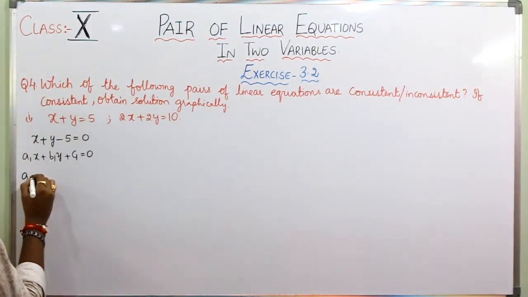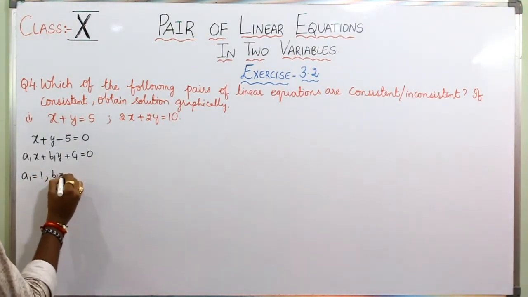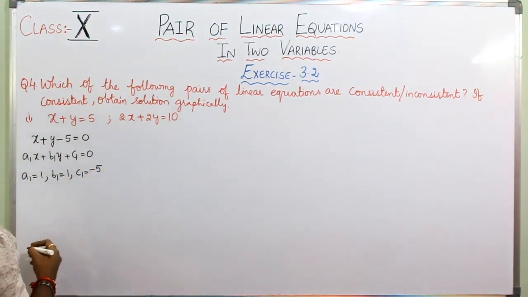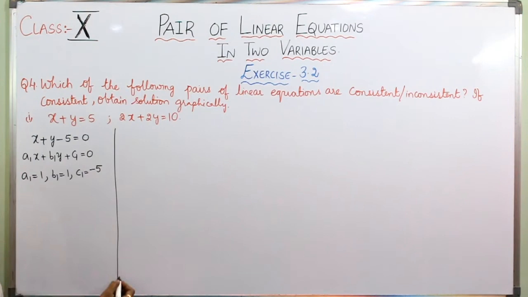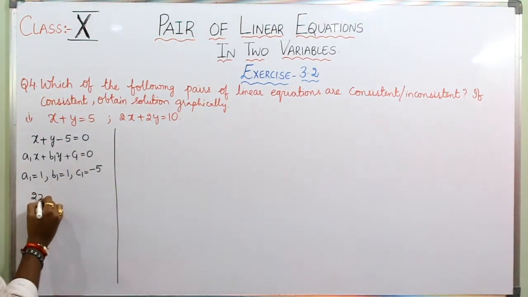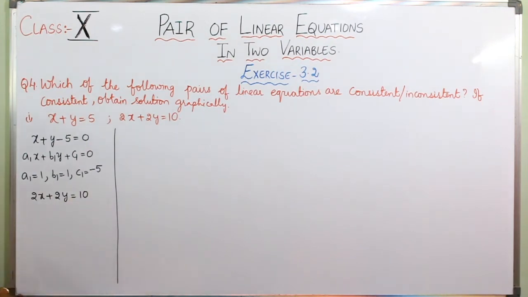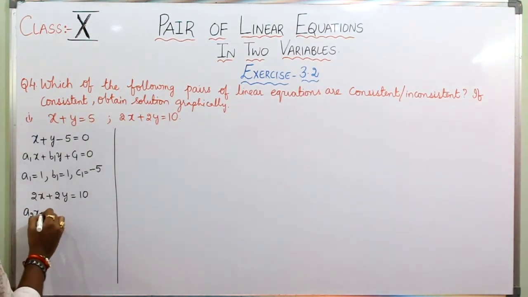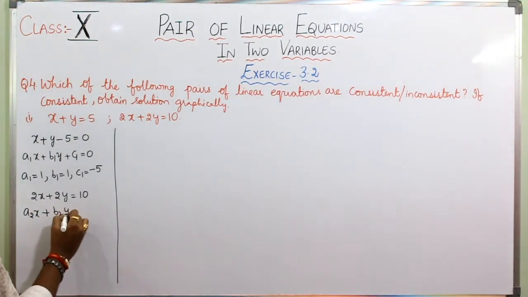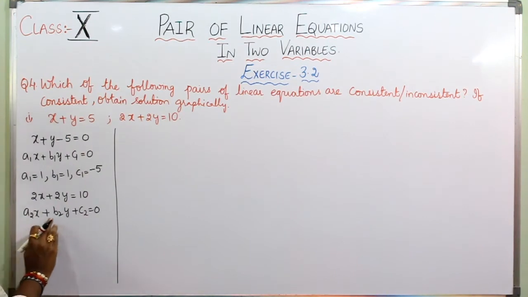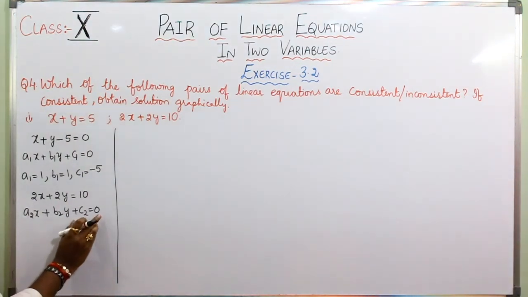We will get a1 as 1, b1 as 1, as well as c1 is equals to minus 5. Now second equation is 2x plus 2y is equals to 10, right? So here what you can do, compare it with a2x plus b2y plus c2 is equals to 0.